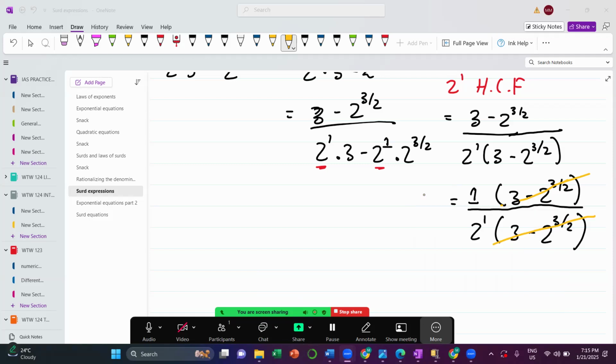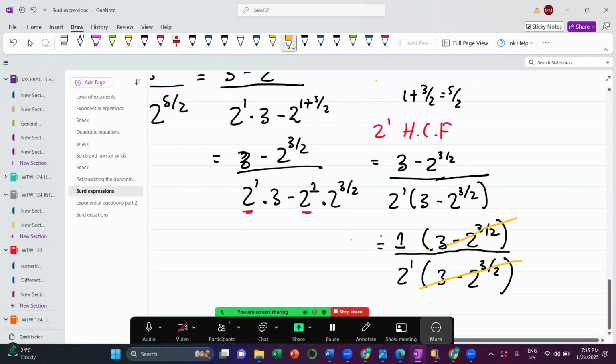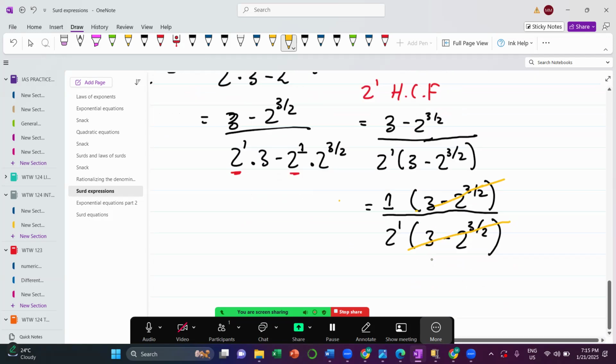Let's just continue from where we left off, right? So now I see that the top value is going to cancel out with the bottom value, which is just going to leave me with what? With 1 divided by 2 to the exponent of 1, which is just 1 over 2.